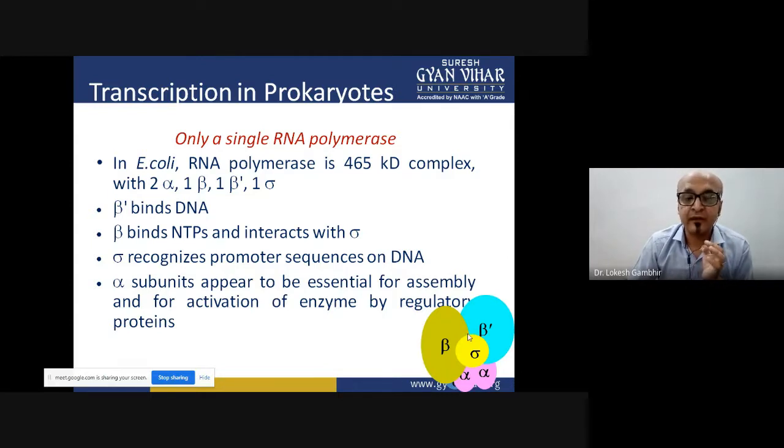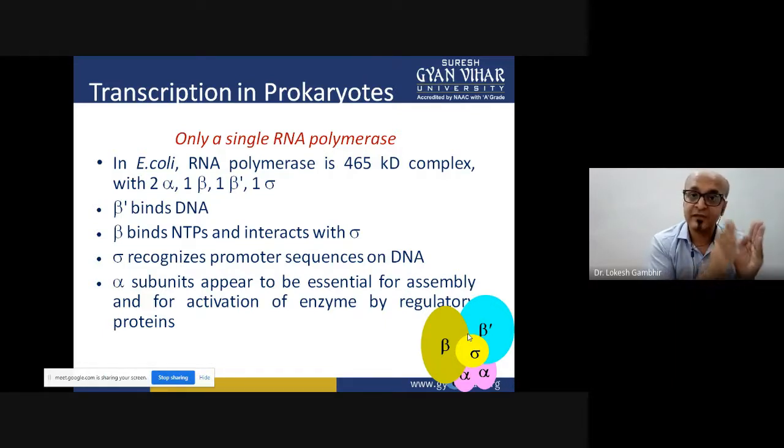The sigma factor is one of the most crucial parts of this particular holoenzyme. The sigma factor is responsible for initiating the transcription. It will recognize the promoter sequence. What are promoter sequences? We'll see certain sequences in the forthcoming slides.